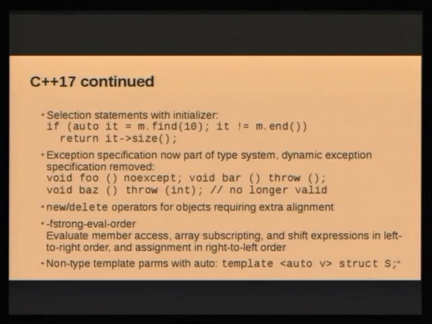So, shift expressions. The reason why this has changed is that many people writing C++ use the shift operators a lot and write huge expressions with them, and really expect that the left side and right side are evaluated in some order. But in C++14, the order is undefined if you have some side effects between them. When I enable this strong eval order from C++17, will I get any warnings?